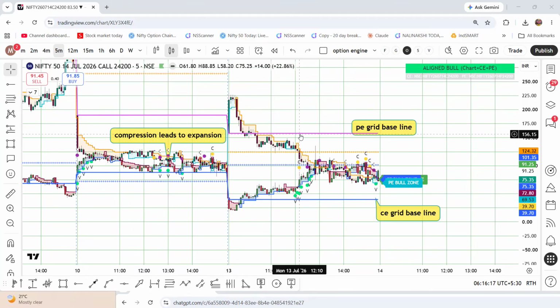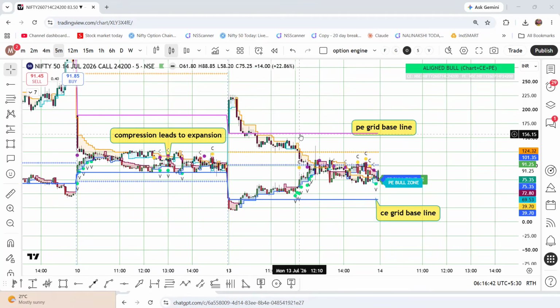Yesterday, I mentioned to my traders in my community group, I posted them, watch CE-PE. Watch the 24,200. When the underlying Nifty price was near 24,200, I asked them to watch the call option and put option.